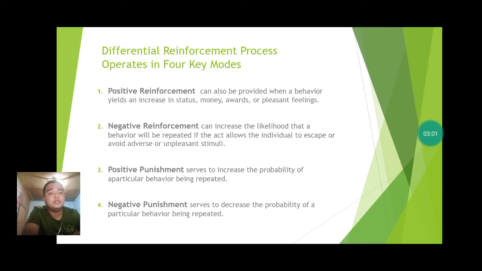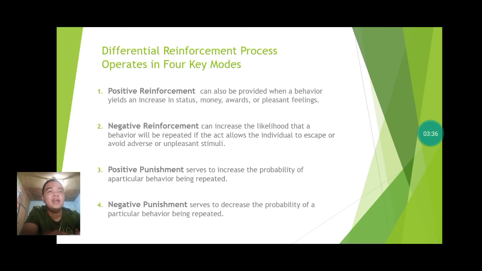Negative punishment serves to decrease the probability of a particular behavior being repeated. Negative punishment is to reduce a behavior by removing a pleasant stimulus. A parent, for example, can deprive a child of a favorite toy if he misbehaves.